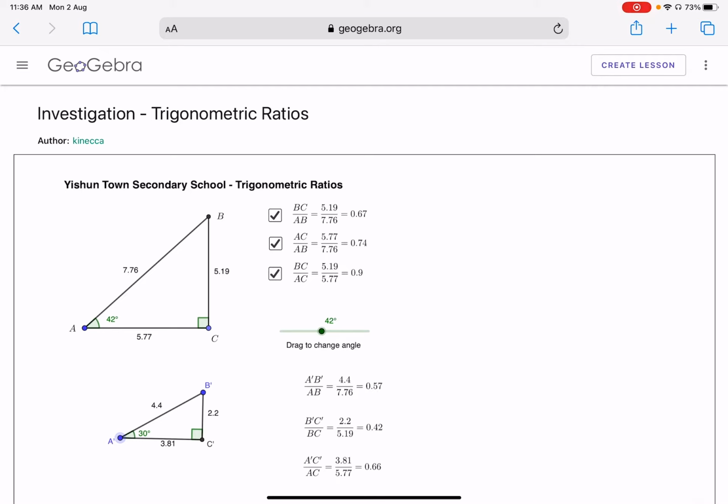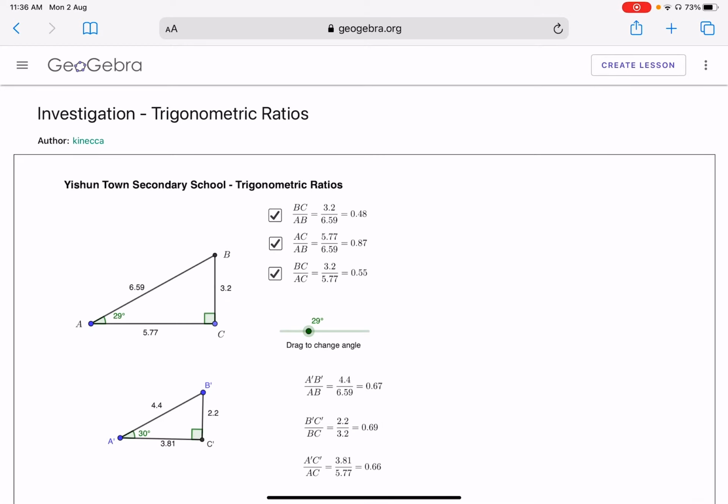So I vary the angle and then I see the ratio. First one, according to the question, I keep it at 30. Then you can just write down whatever numbers you have into a table: the length of AB, BC.